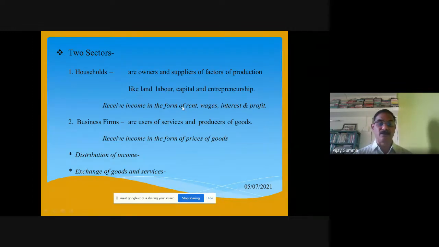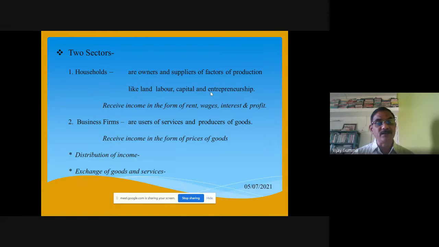Factor market determines factor prices, that is, income of different factors of production. Factor market plays an important role in determining the prices of different factors of production as per the demand and supply in the market.